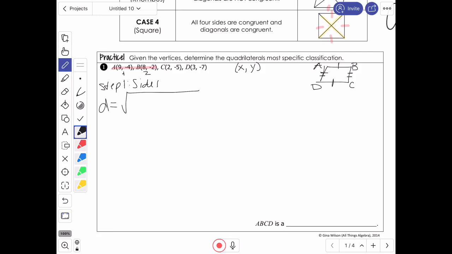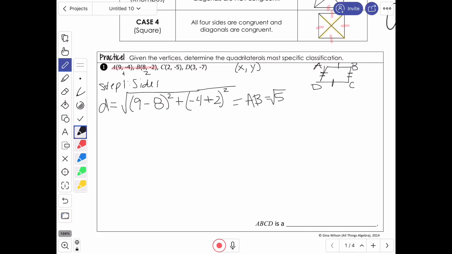So my x1 would be 9 minus 8, because that would be my x2 point, squared, plus -4 minus -2. Now when you have minus minus, that turns into a plus. So try to figure that out and then tell me what you get.